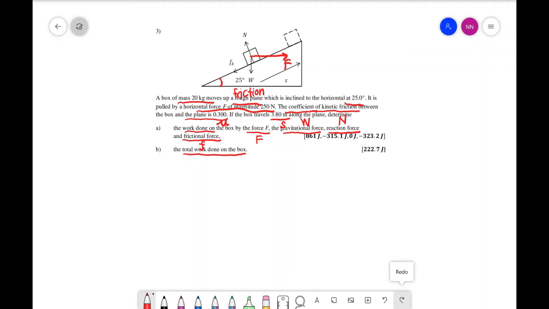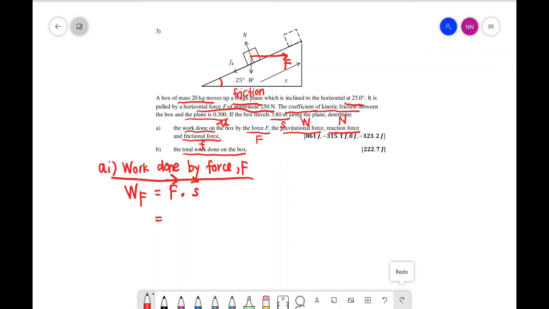For question A, part 1, we have to calculate work done on the box by force F. Work done by force F is force F dot S. But we have to identify whether force F is parallel to displacement.